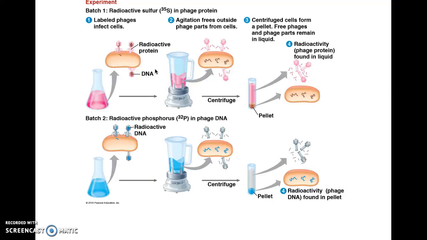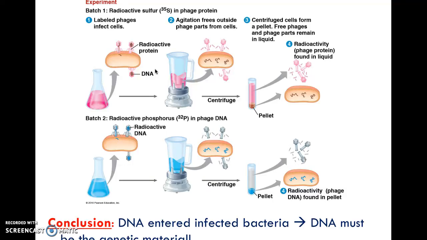At the end of the experiment, the radioactivity is still in the liquid, not in the pellet at the very bottom. The pellet is actually the bacteria. So there is no radioactivity in the bacteria itself, which indicates that the radioactive protein is not being injected into the bacteria cell.